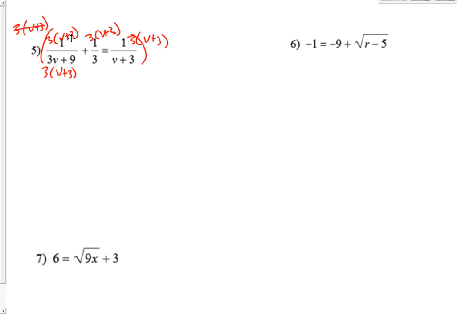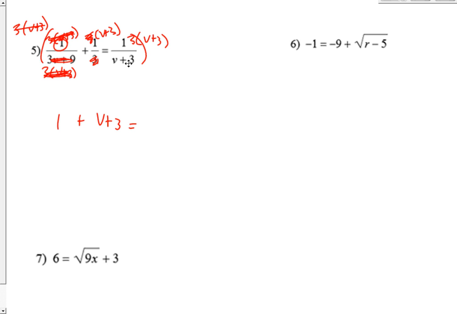So when we look at the first fraction here, 3 times v plus 3 will completely cancel out. We're left with that 1. With the second fraction, the 3's will cancel out, and we're left with 1 times v plus 3, so v plus 3.